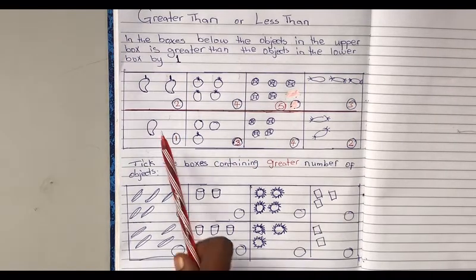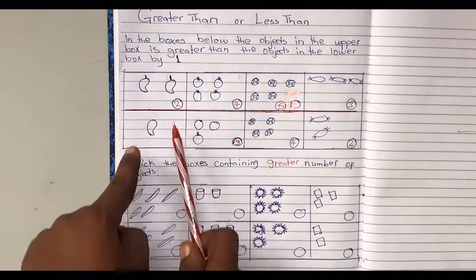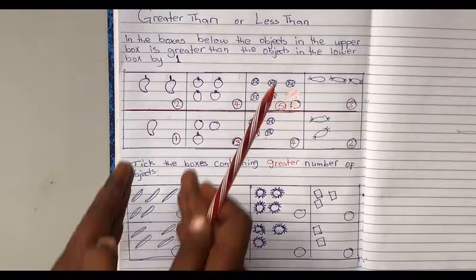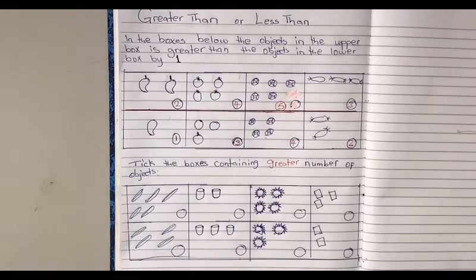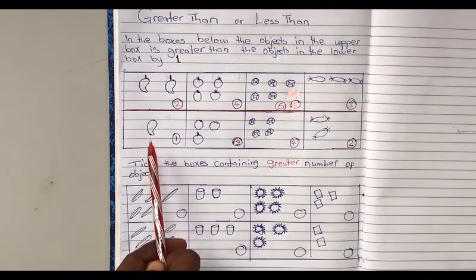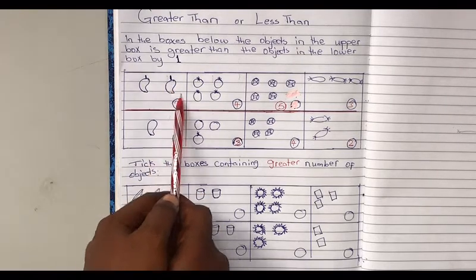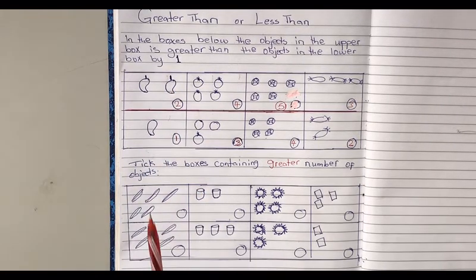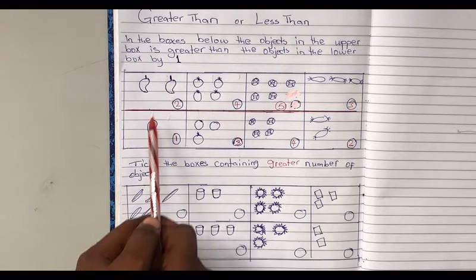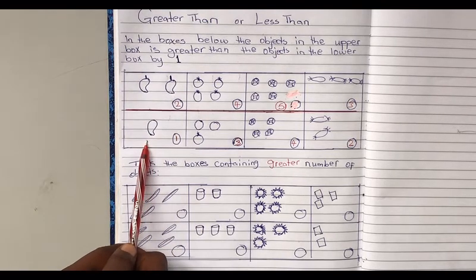For example, let's look at box number 1, okay? Here we have 2 mangoes, and down here is 1 mango. I said the number that is bigger is the one that is greater. Here is 2 and here is 1, so definitely this upper box is greater than this lower box by 1.